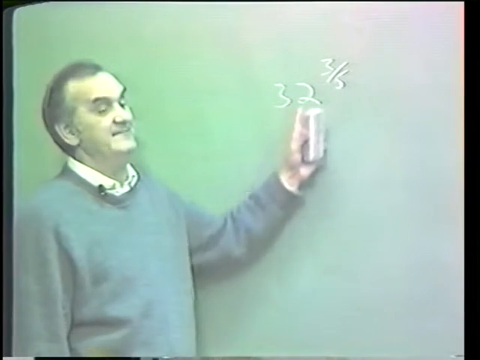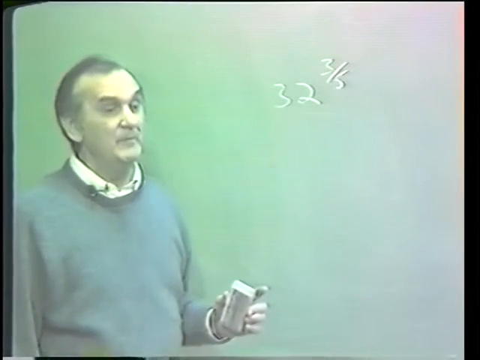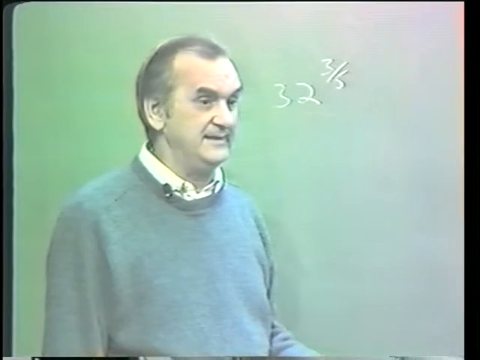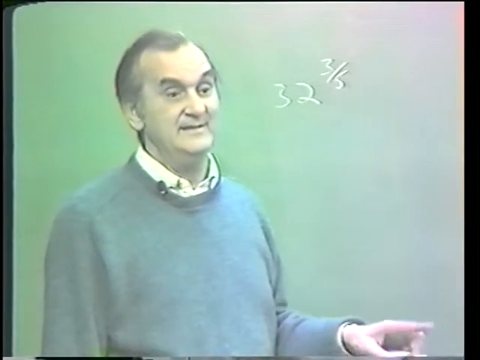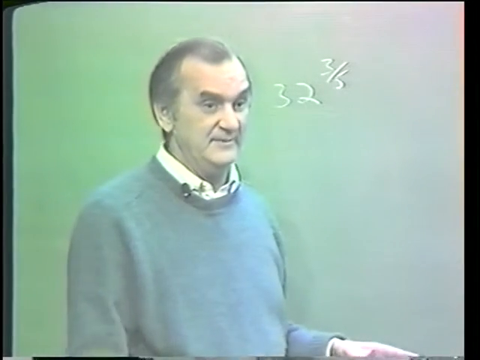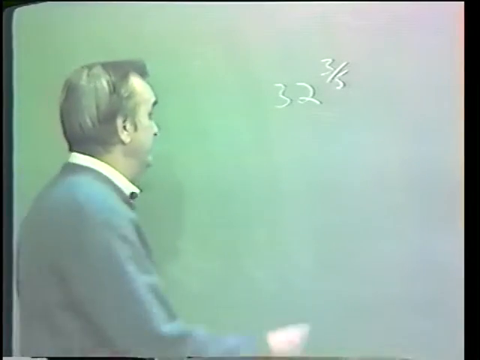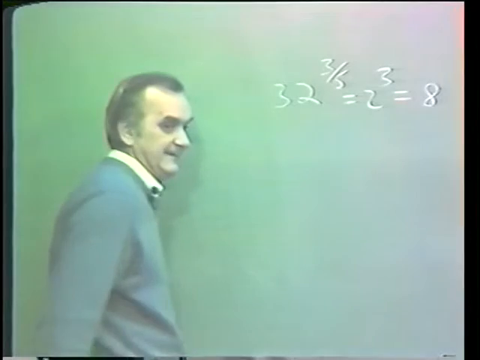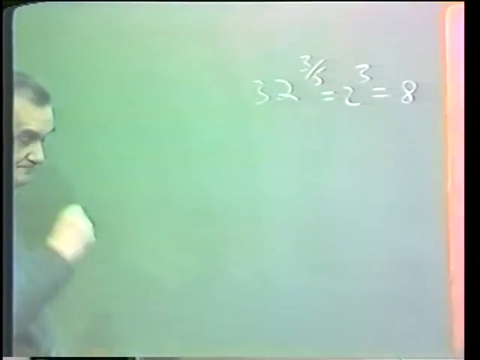Sure. Now this is arithmetic. It says take the 5th root of 32. What we mean there is what number times itself, five times, will give you 32. Well, that's 2. So what we come out with is 2 to the 3rd. Well, that's 8. Okay?